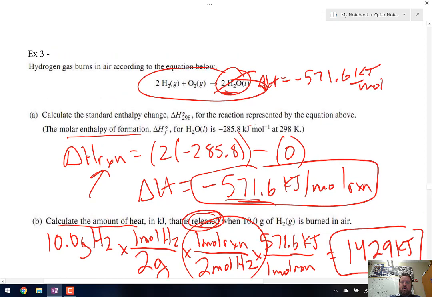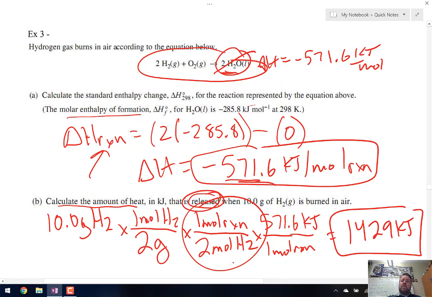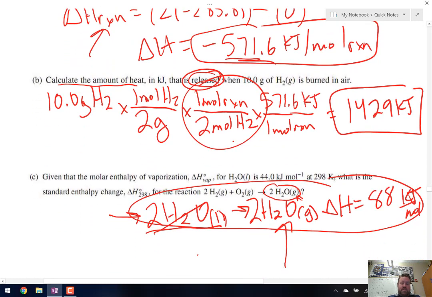And so we can take our negative 571.6, and again, we're not using enthalpies of formation here. Sorry, we're using Hess's law. You take this equation and add it to the other equation, so it's negative 571.6, and we're going to add plus 88.